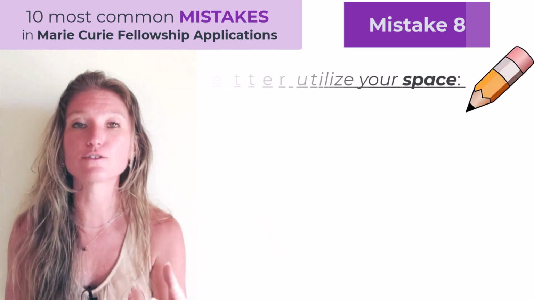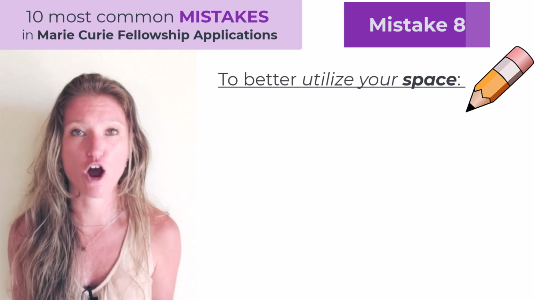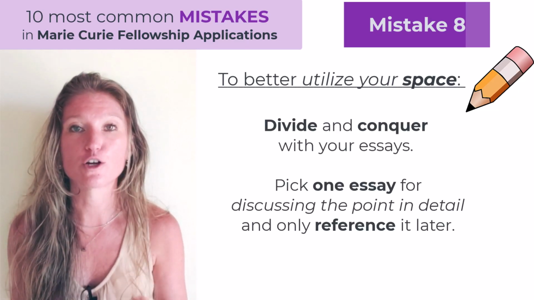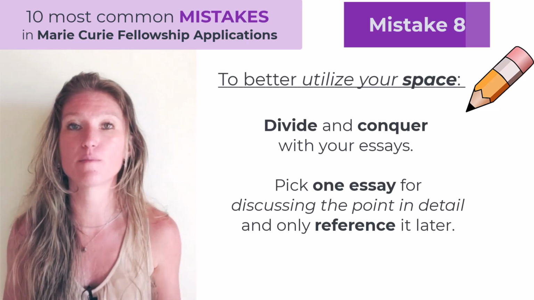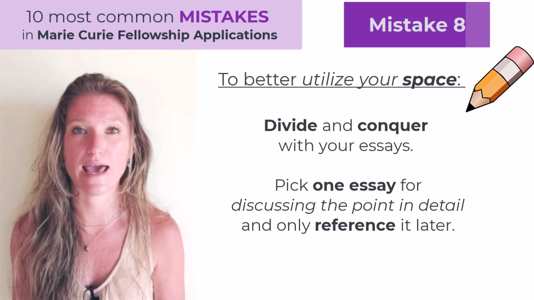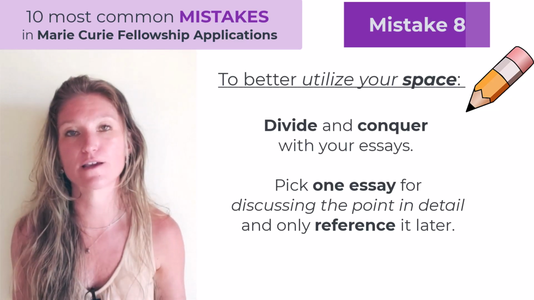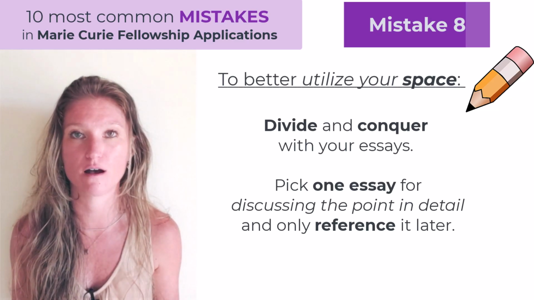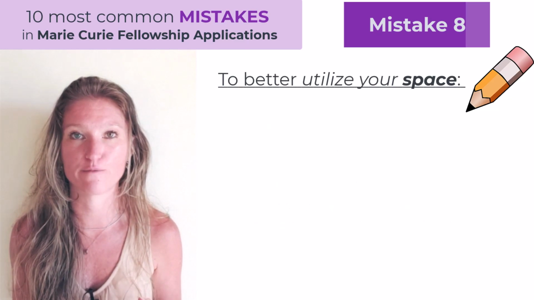So to better utilize your space, you want to divide and conquer with the essays. Determine which points you are going to talk about in which essays and divide them up accordingly so you don't have to repeat points between essays. You can reference the reviewer to a previous essay for more detailed explanation of a particular point, but you don't need to repeat that point itself between essays.